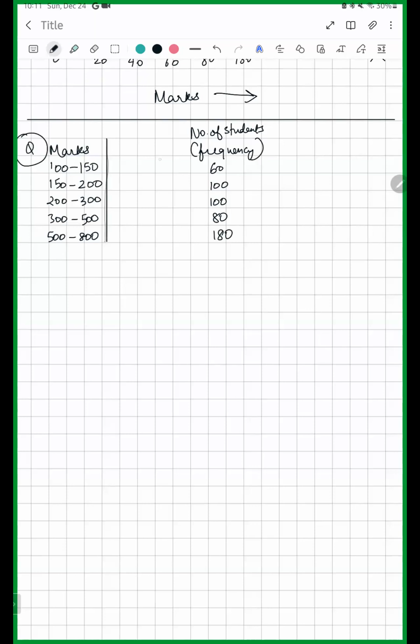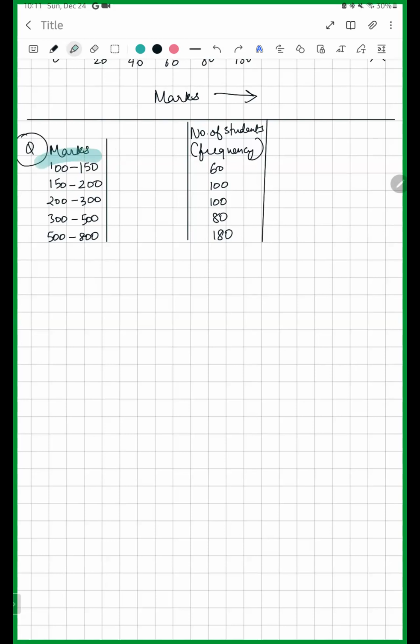All right. We have to draw a histogram for this distribution. Now, the first thing we will see is whether it is continuous or discontinuous. As you can see, it is continuous, so we don't have to change anything about that. But one difference is that this has non-uniform class width.